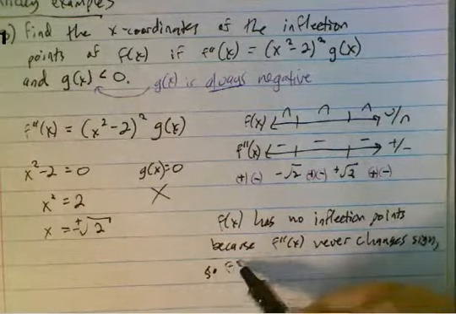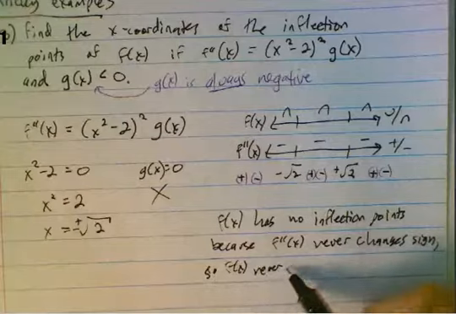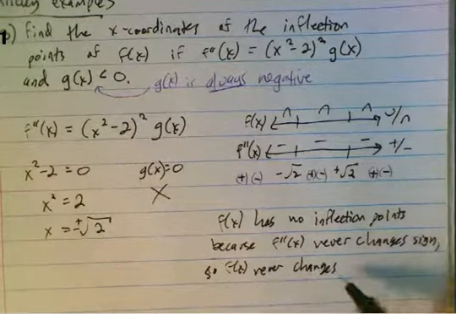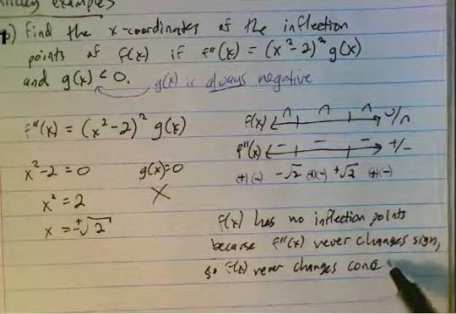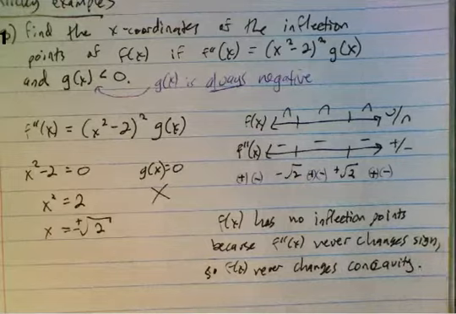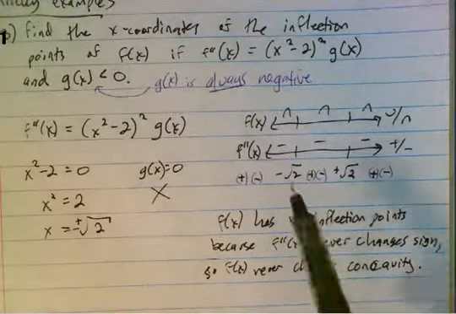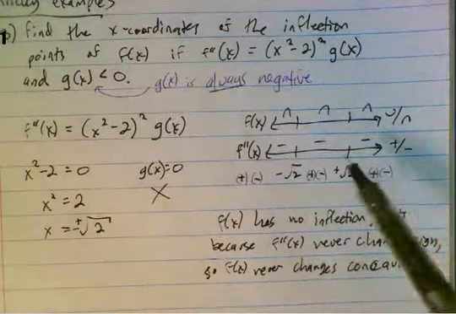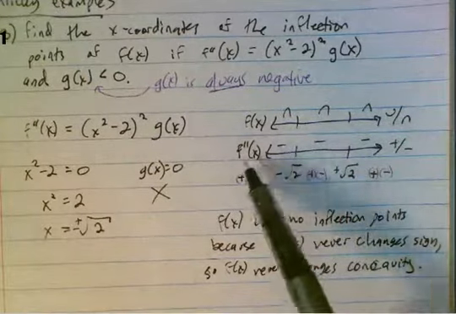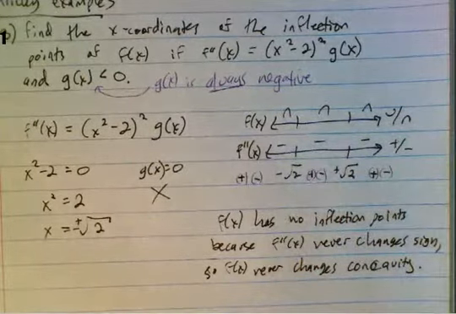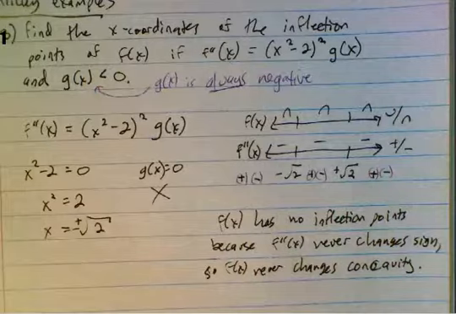So f of x never changes concavity. These points here are really just fake outs. The f double prime of x is briefly equal to 0, but then it just goes back to being negative, so we don't have an inflection point.